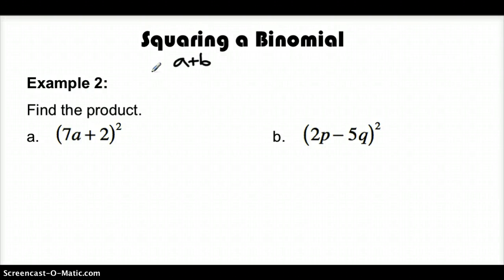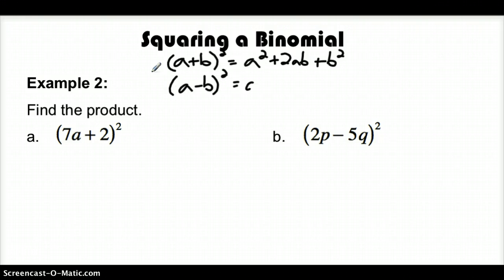So I know that a plus b squared is going to be equal to a squared plus 2ab plus b squared. And that a minus b, or the quantity of a minus b squared, equals a squared minus 2ab plus b squared. Okay? And so I'm going to look at each of these in a unique way again.